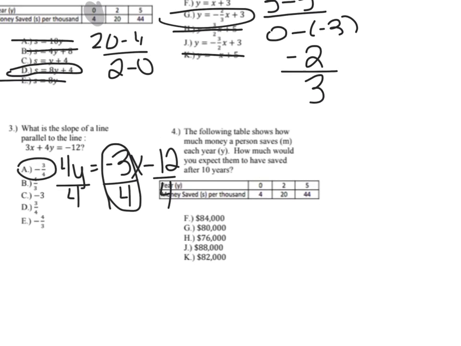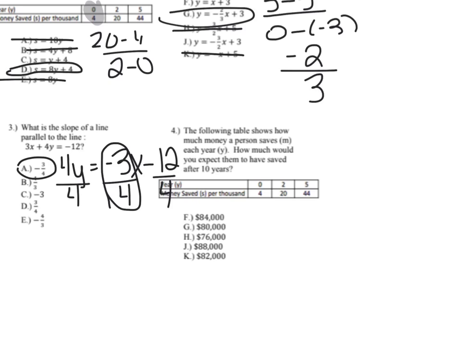And then on question number 4, again, you just have a table, and it's wanting you to write an equation and then use that equation to figure out what the value would be after 10 years. So if we look, I know my y-intercept is going to be 4. My slope, if I figure that out, I'm going to have 20 minus 4 over 2 minus 0. 20 minus 4 is 16. 16 divided by 2 is 8.